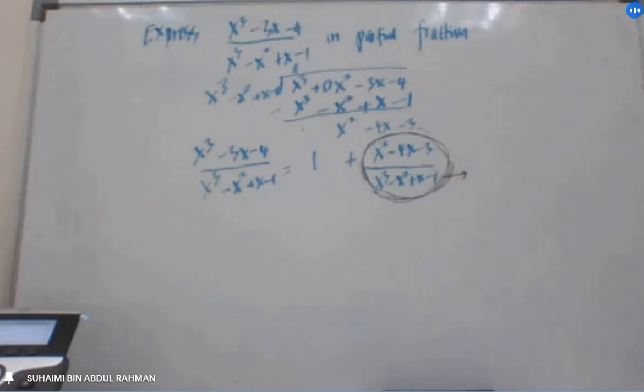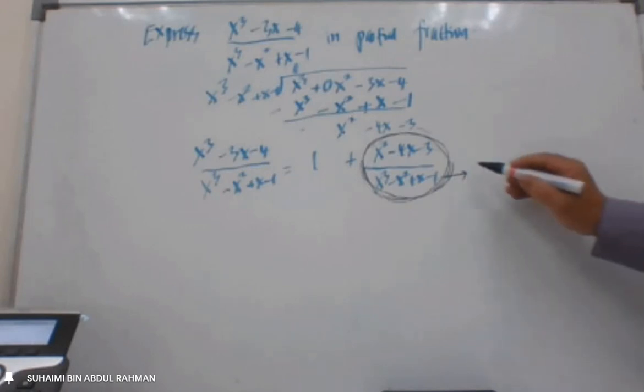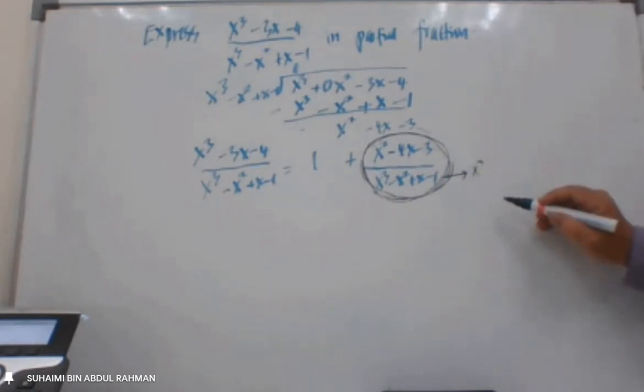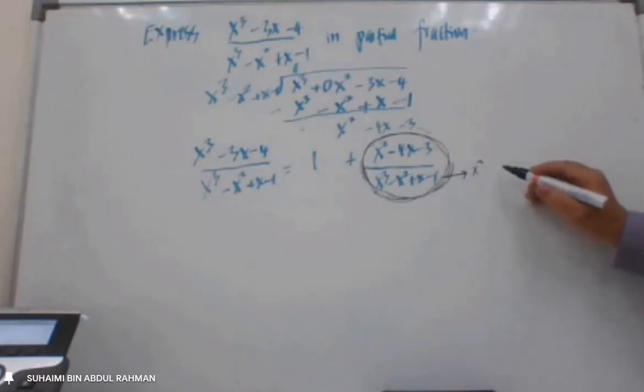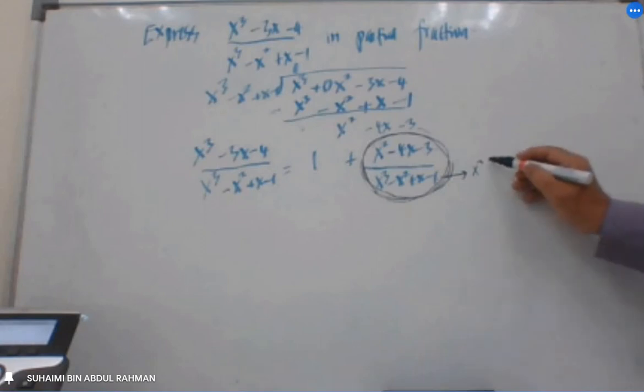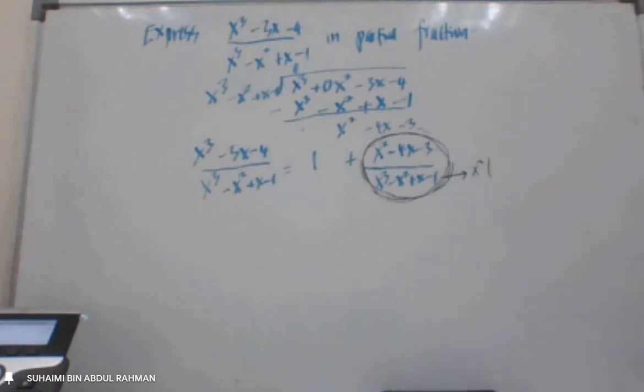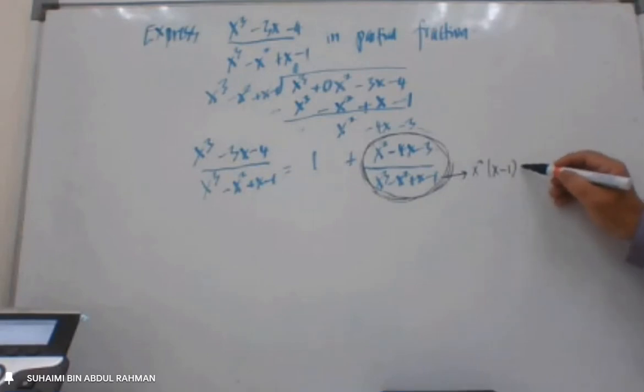Group x squared with x minus 1, plus x minus 1.